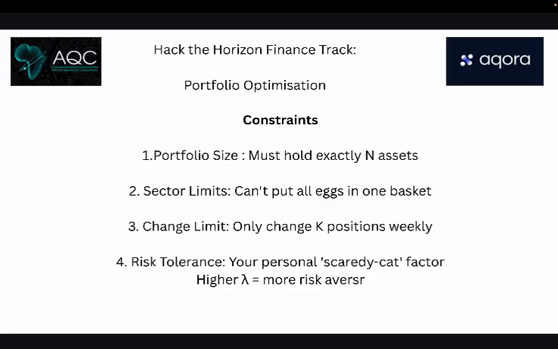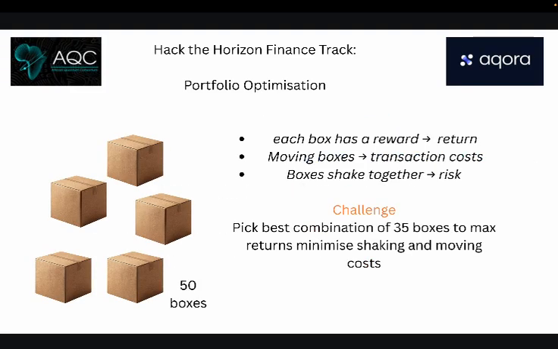Eliminate maybe bad assets. Just reduce the problem size, apply that to one of the quantum algorithms that you'll find, and then compare your classical method to your quantum one and see which one makes sense. I hope that clarifies what this challenge is about.